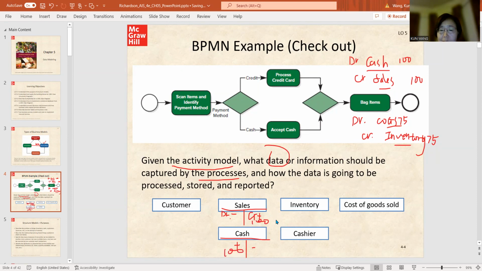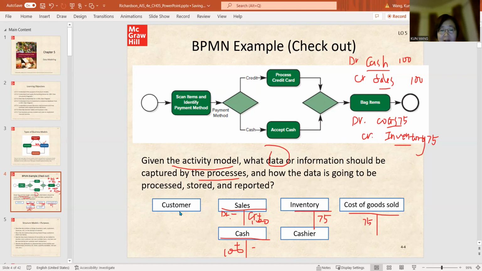This will be part of your structure model. Make sense? Right now this is simple, for example, before I implement this automatic checkout system. That's how you design it. And inventory will reduce 75 on the right, and the cost of goods sold will increase 75. Those are the four accounting tables.